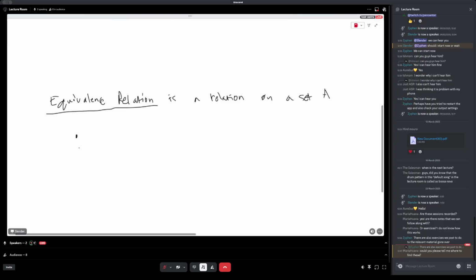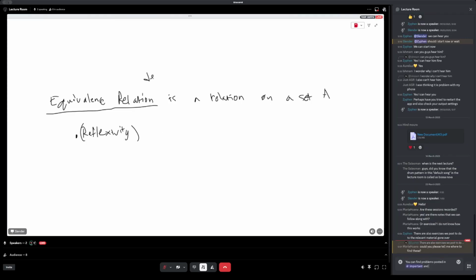So the first property is reflexivity. This just means that given any element of this set, this element is in relation with itself. So let's denote this equivalence relation by tilde.